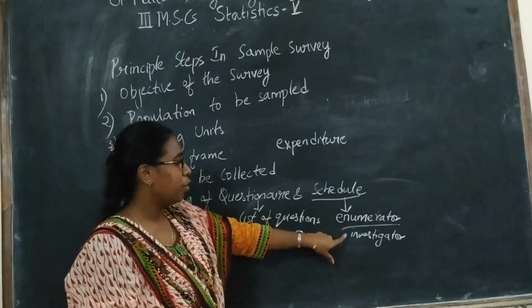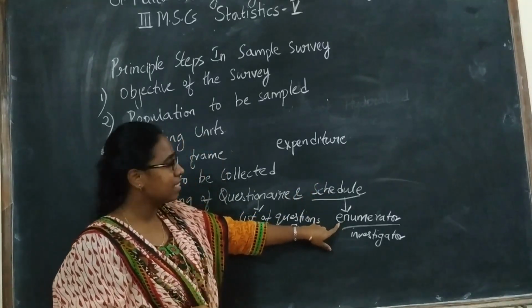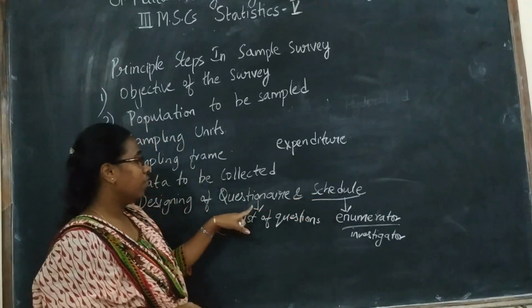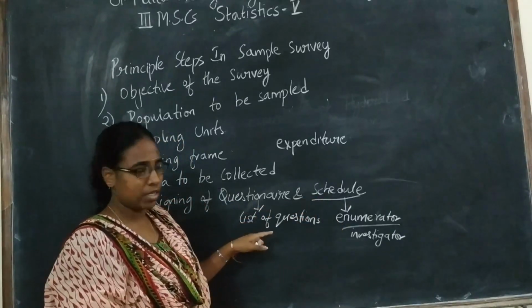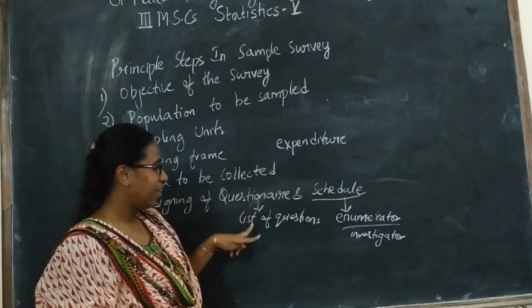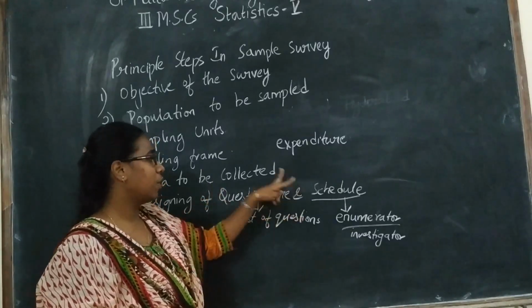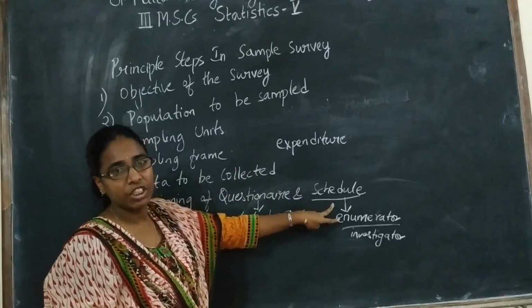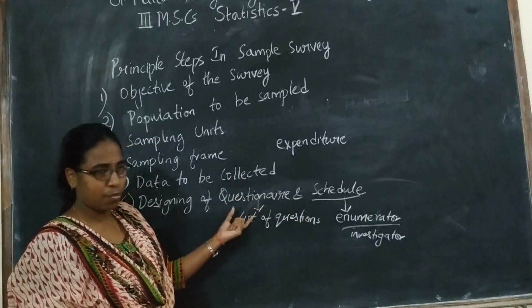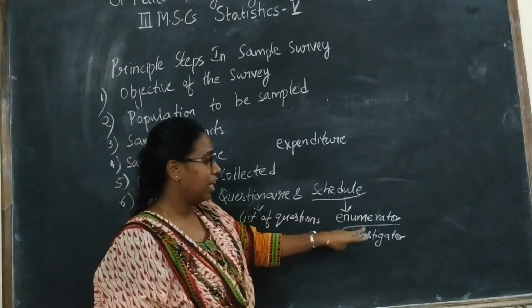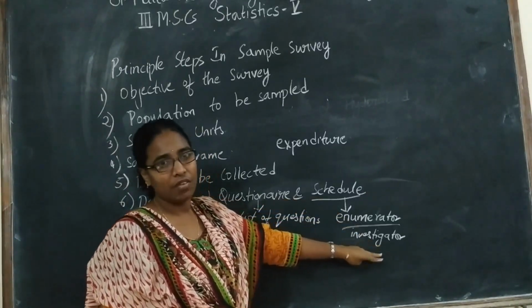If the enumerator is recording the answers, that is called a schedule. The person giving the answers is called the respondent. If the respondent is filling in the answers, that is called a questionnaire. The main difference is that a questionnaire is filled by the respondents, while a schedule is filled by the enumerator or the investigator.